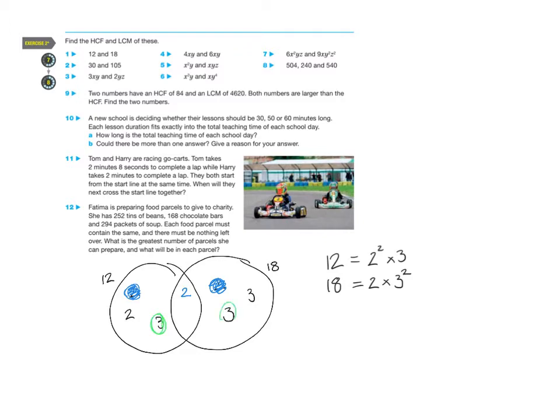And this 3 is common as well. Cross those out as if they never existed. So now I have a 2 left over on this part and a 3 left over on this part, and neither one of those are common. And let's erase those funny scribbled out things so we can actually see what's going on.